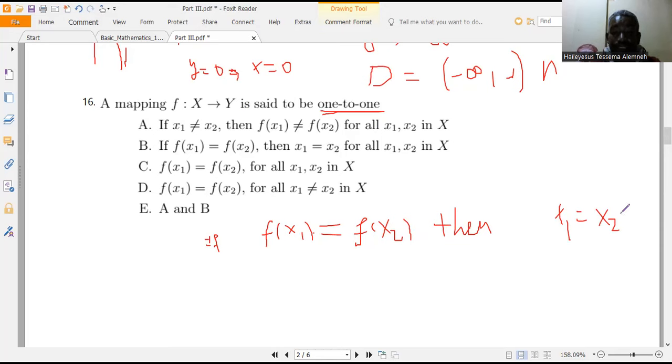But this definition can be written in an equivalent way, as a logical conditional statement.